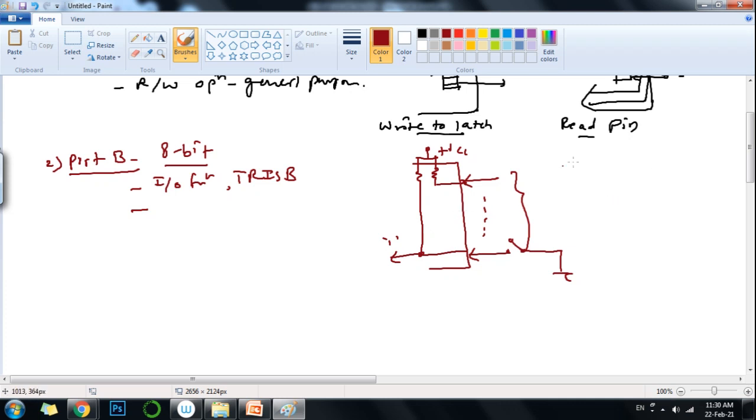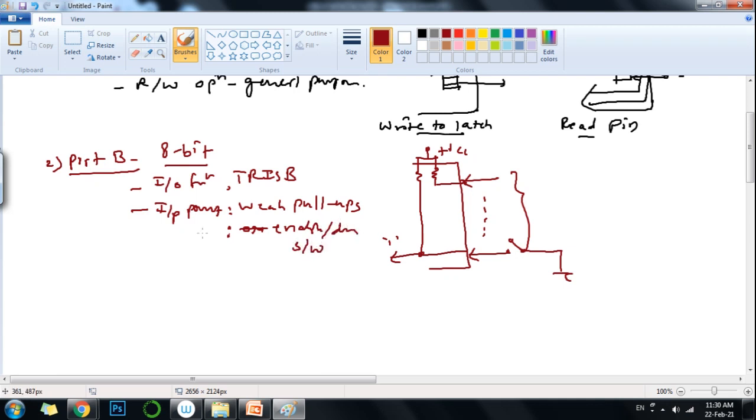These weak pull-ups can be turned on or off. When the port is an input port, there are weak pull-ups, and they can be enabled or disabled through software.